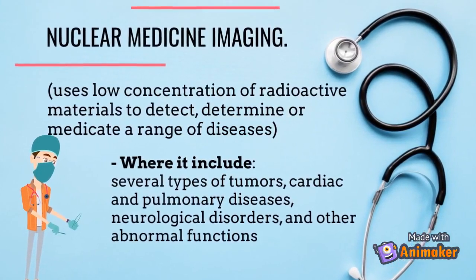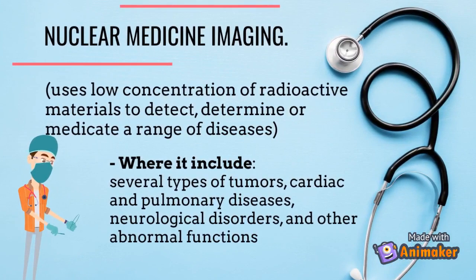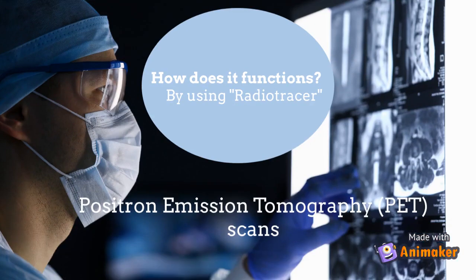Nuclear medicine imaging. This technique uses low concentration of radioactive materials to detect, determine or medicate a range of diseases. This includes several types of tumors, cardiac and pulmonary diseases, neurological disorders, and other abnormal functions. It functions by using radio tracers, which will be injected, inhaled or swallowed into the bloodstream of the patient.